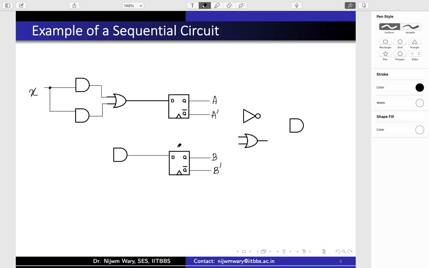So now I have this input. In this example, I have this input of this AND gate connected to this B, and this is A complement connected here.